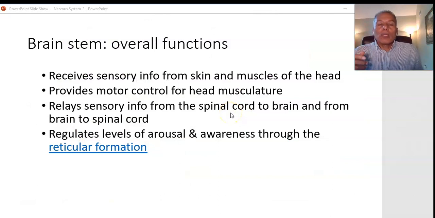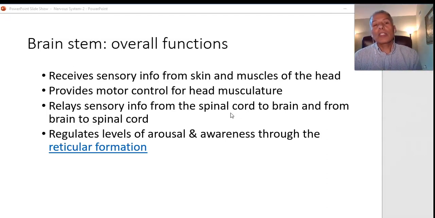So overall, the brainstem, as I mentioned, is concerned with autonomic nervous system functions. It receives sensory information from the skin and muscles of the head, for example, because of the cranial nerves. It provides motor control over facial muscles, oral muscles, pharyngeal muscles, and neck and shoulder movement, for example.